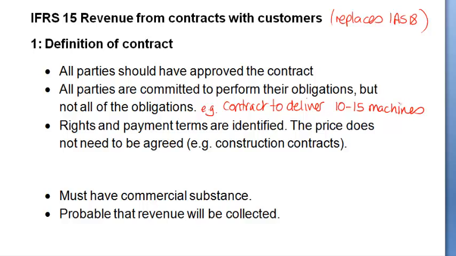We've got a customer, and the customer says, I want to try out your machines. I'm going to use between 10 and 15 of them. So provided we deliver a minimum of 10, then we've committed ourselves and we've agreed to the contract. We don't have to deliver all 15. It could be that we don't like the customer or the customer doesn't like us. So you must perform your obligations, but you don't have to do everything, because some contracts contain an element of flexibility within them.